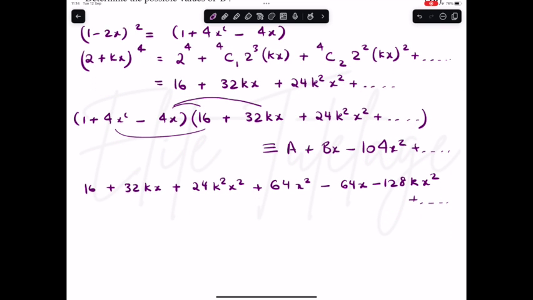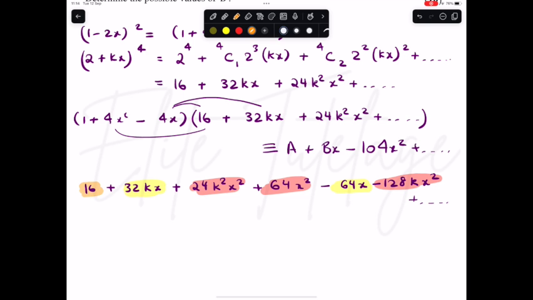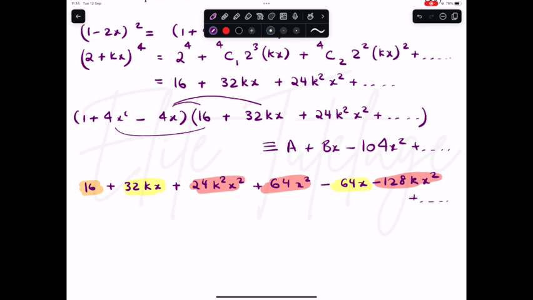Let's highlight the like terms. So I've got 32kx minus 64x. That goes really well together, and I've got my x squared terms right here and just a constant, 16. So on the right hand side, if I compare, I'm going to have the a with 16, and the x squared terms in red, which is minus 104x squared, and bx.